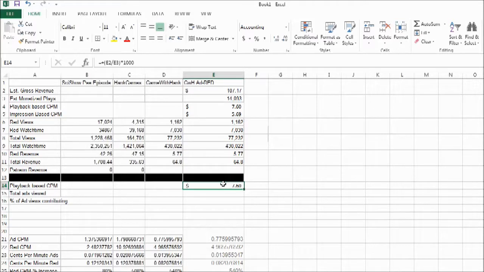So that one was kind of easy to figure out and understand, but the next one, the impression-based CPM, gets a little bit hairier.